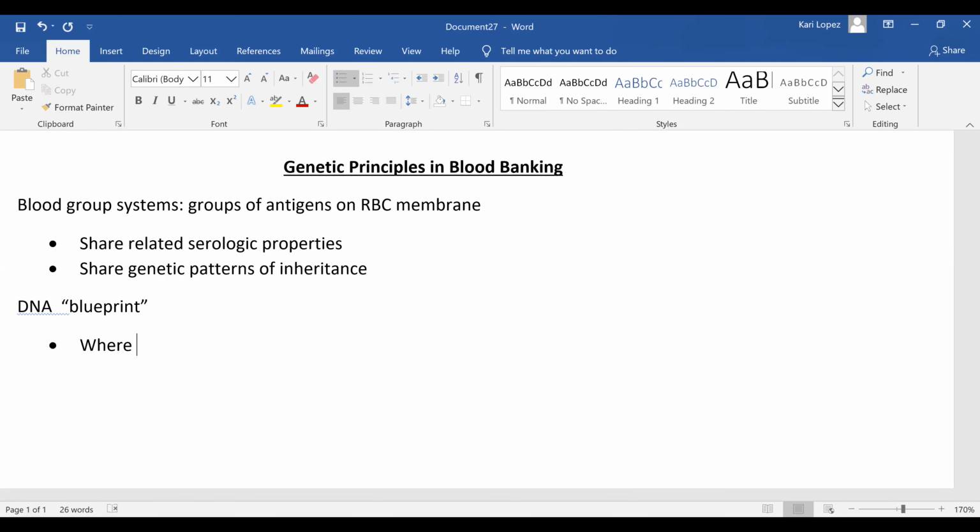Now, your DNA is where the genetic material is found.